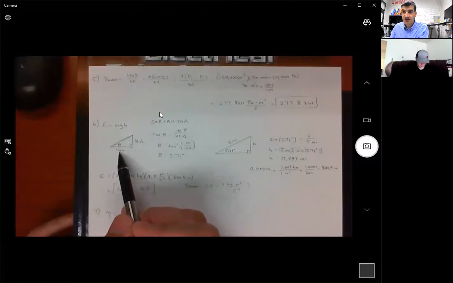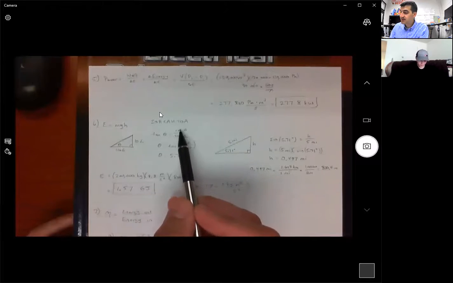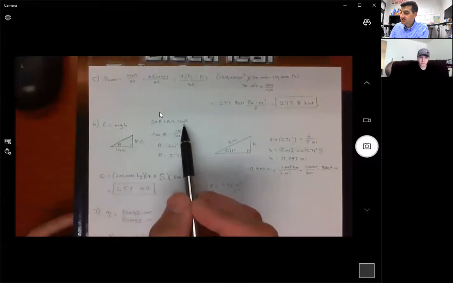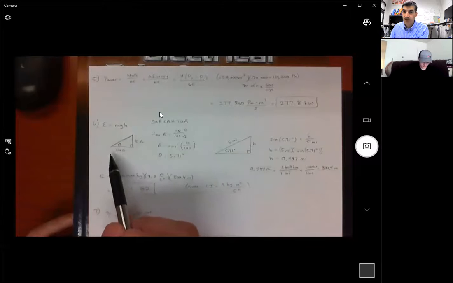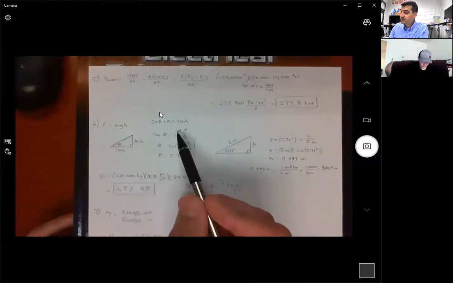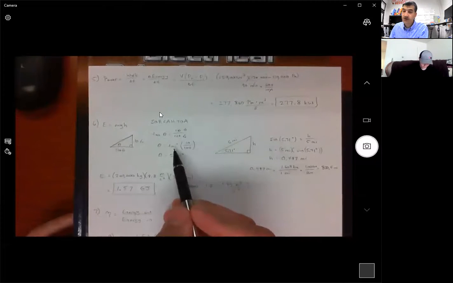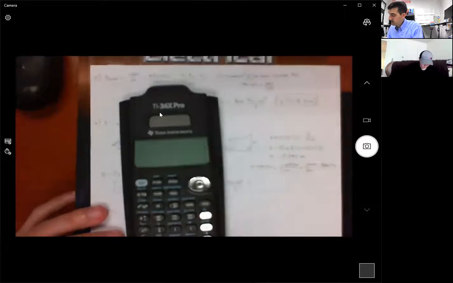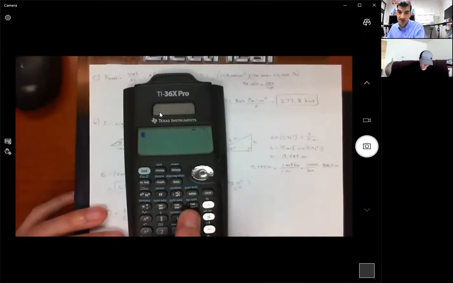So I can use tangent here to find this angle, because I know the tangent of the angle is equal to the opposite side length, which here is 10 feet, divided by the adjacent side length, which in this case is 100 feet. So the tangent of this angle equals 10 divided by 100. Your feet cancel out. Then you can use the inverse tangent. That's on your calculator, tan to the -1.